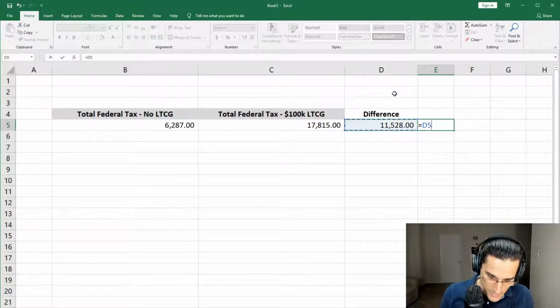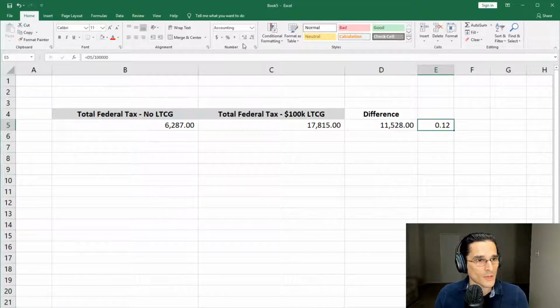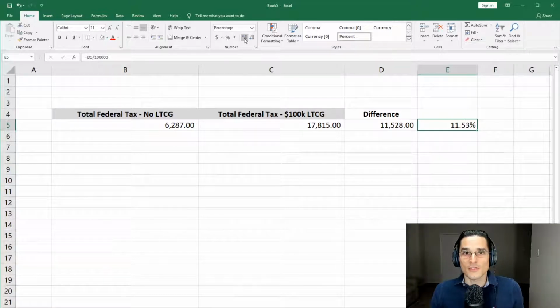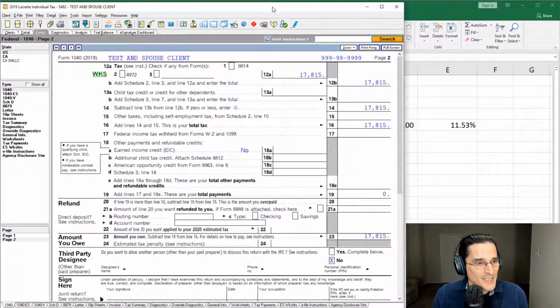So this divided by the 100,000. You can argue that the effective federal tax rate of that transaction was 11.53%.